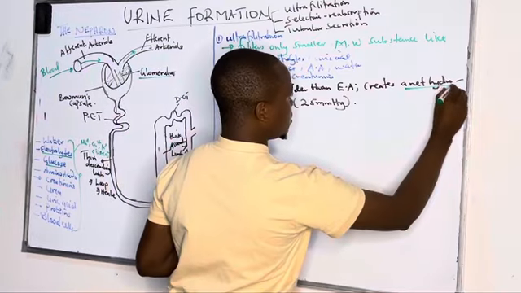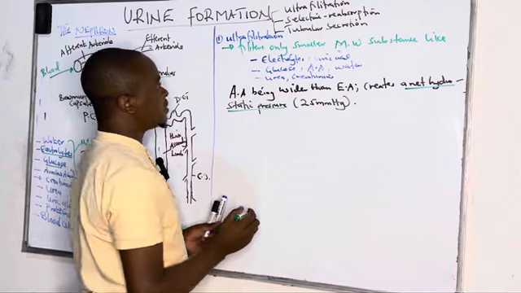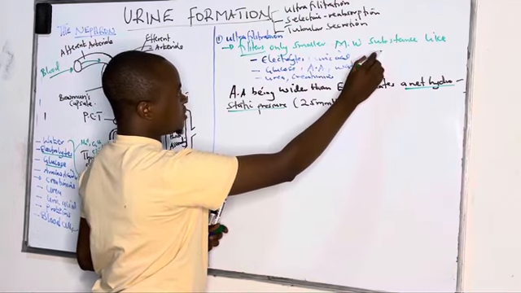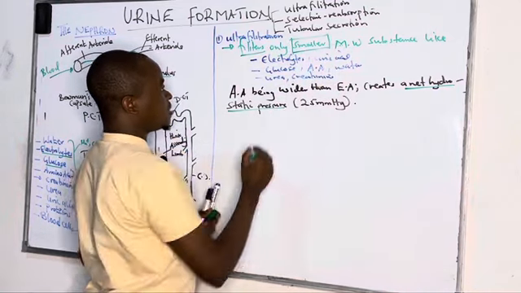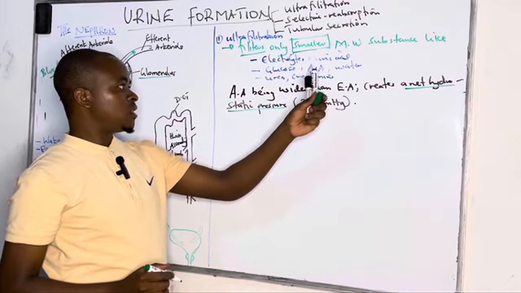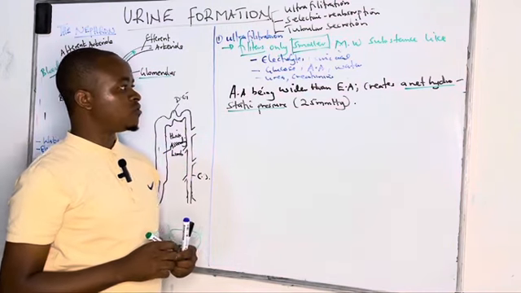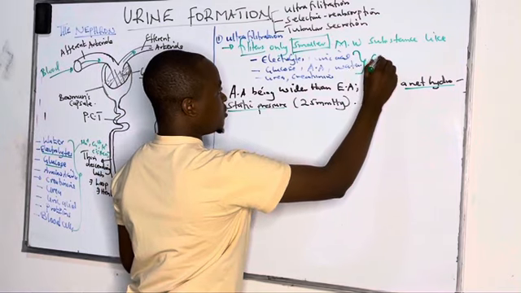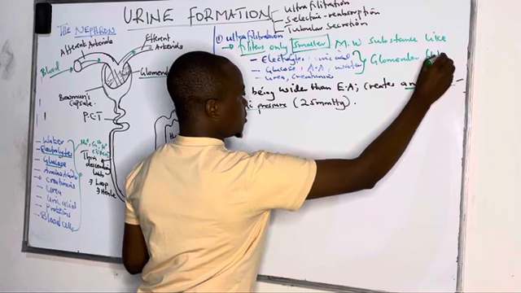This net hydrostatic pressure of 25 is the one that enables filtration of smaller molecular weight substances like electrolytes, uric acid, glucose, amino acids, water, urea, and creatinine to pass through the filter to join the glomerular filtrate. So these ones are found in the glomerular filtrate because they are smaller in size.